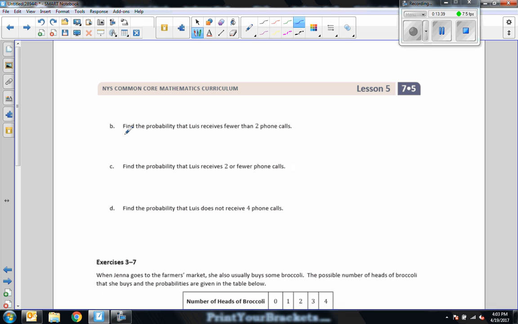So the probability that it is going to be less than 2 equals the probability of 0 plus the probability of 1. The probability of 0 phone calls was 1/6. The probability of 1 phone call was 1/6. They add up to 2/6, which is 1/3.